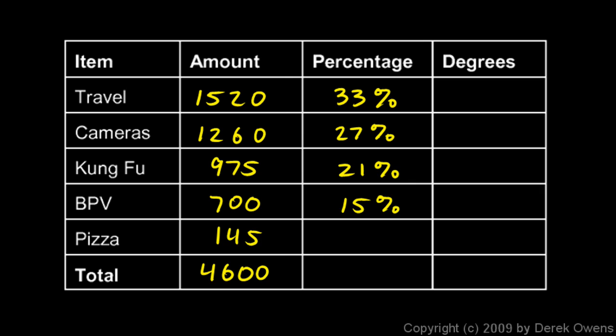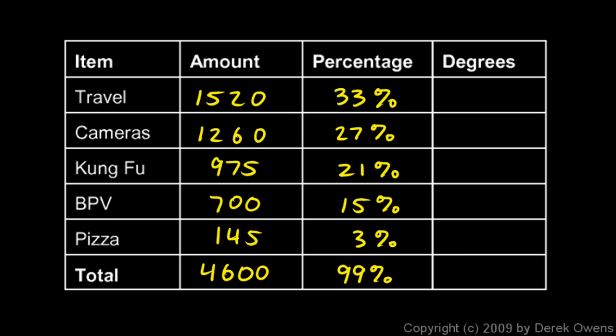And pizza, he spent $145 out of the total $4,600, and that comes out to 3%. Those should add up to 100%. If you add them up, they actually add up to 99%, and that's because these values were rounded some. They don't quite add up to 100%, and that's okay. That number should be close to 100, though, every single time.